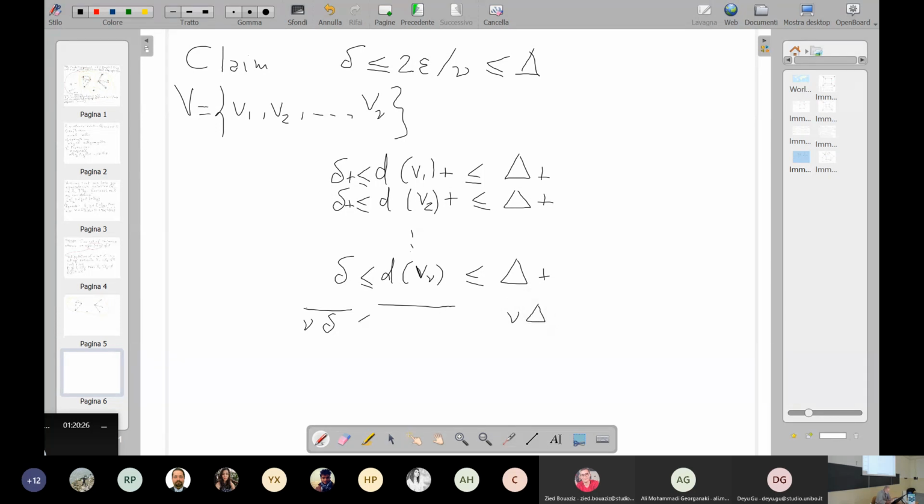And in the middle you still have the sum for i from 1 to n of the degrees of vi. But the sum for i equal to 1 up to n of all the degrees is exactly twice epsilon. This was a theorem. Theorems are there to be used, okay?